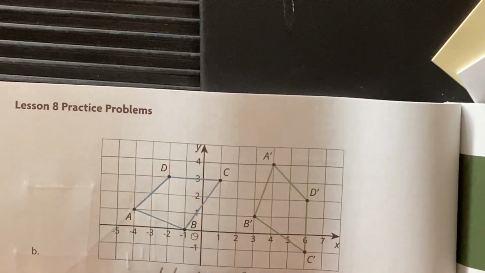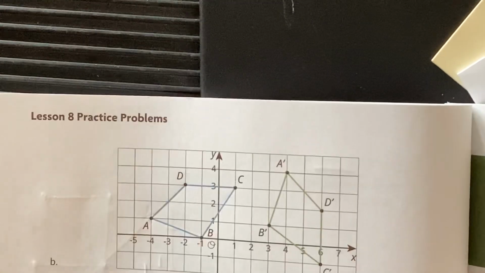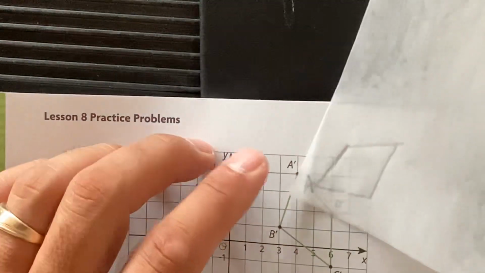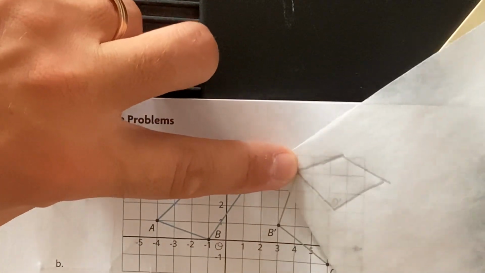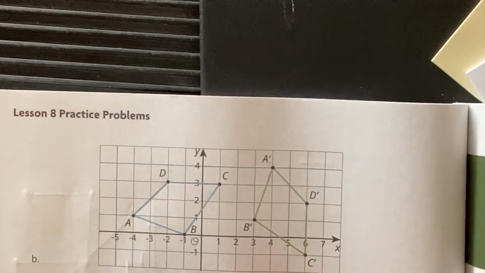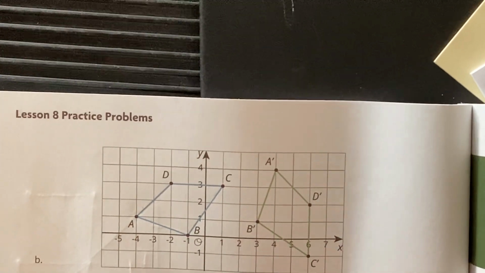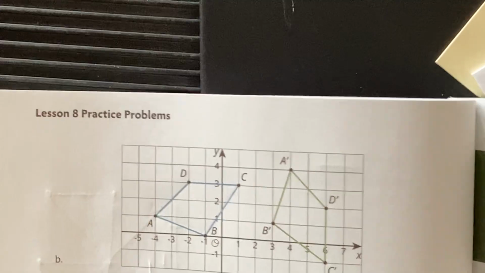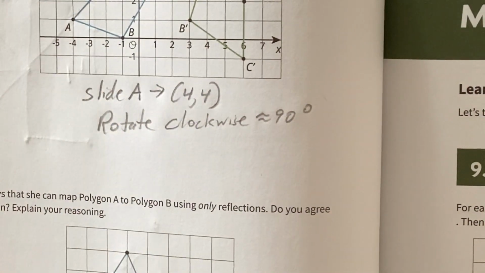So slide point A over to 4, 4. Rotate, what direction did I rotate that? Clockwise? It's almost 90 degrees. I'm not going to measure it, so I'll say approximately. That should be just fine.